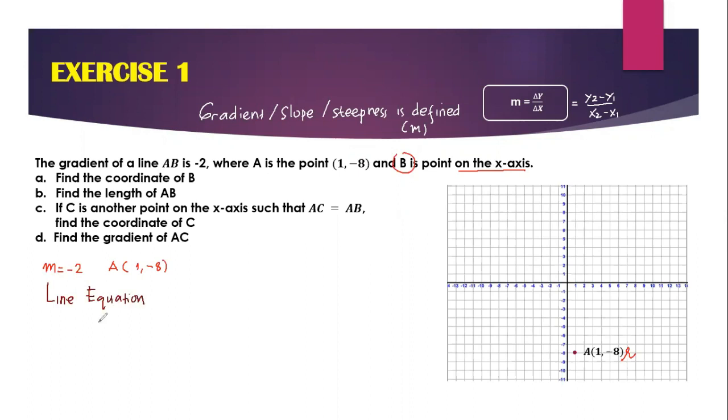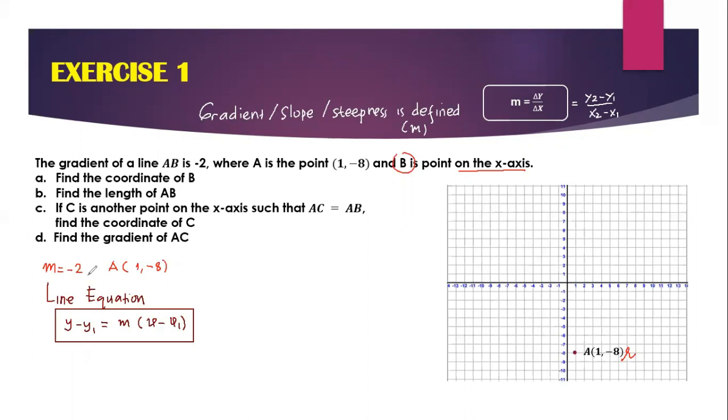The line equation is defined as y minus y1 equals m, open the bracket, x minus x1. This is the formula of the line equation. Now we're going to find the line equation.